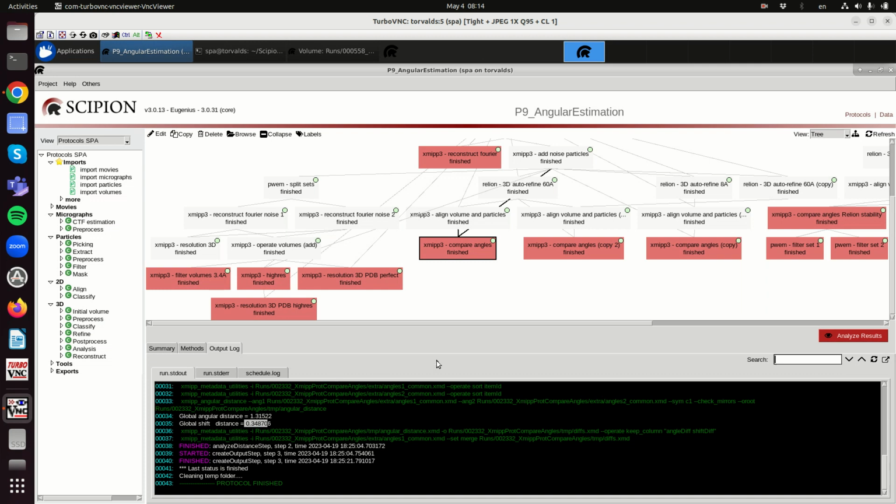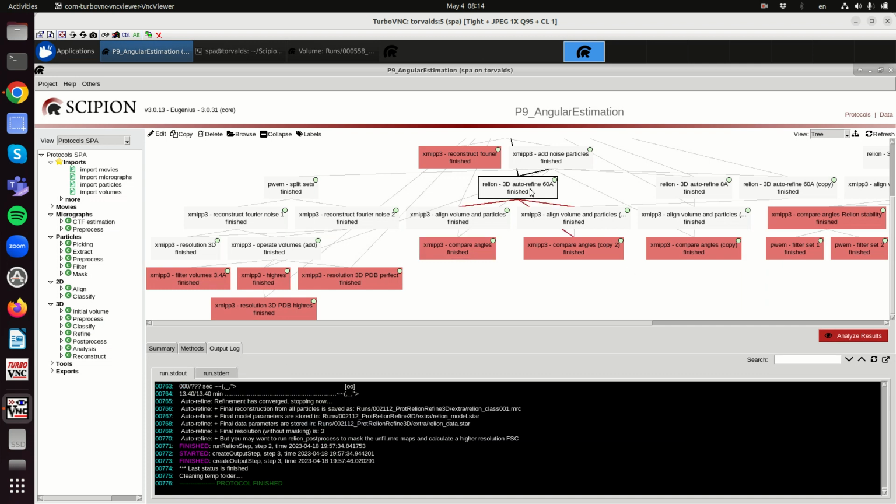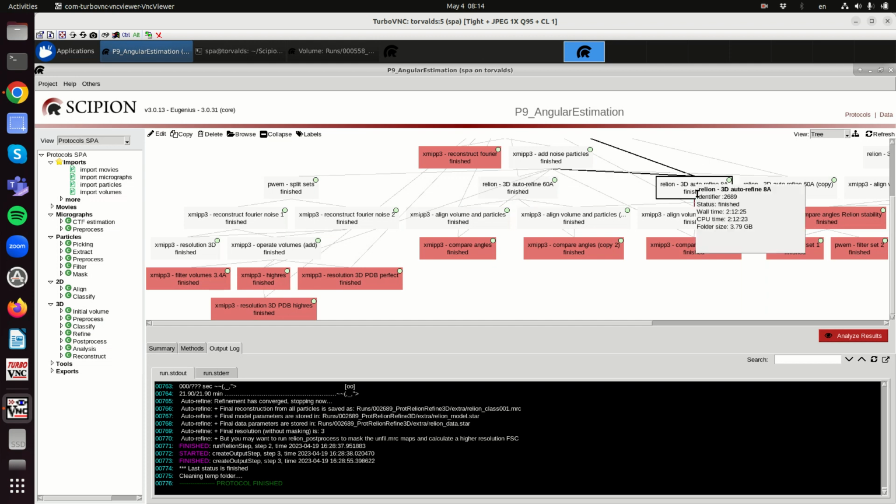Now we wonder whether this accuracy is caused by filtering at 60 angstroms. So we filter much less, now at 8 angstroms, and again we repeat the same analysis.